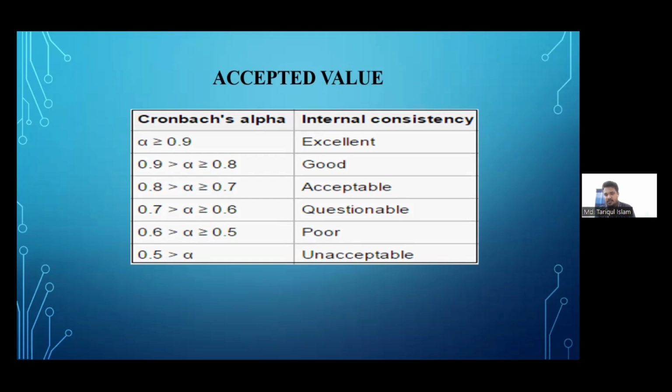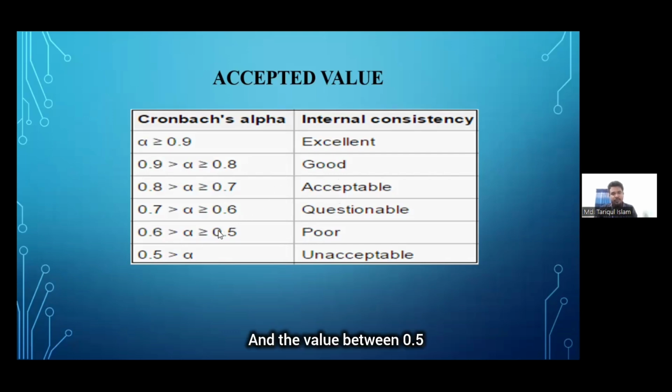In that case, you have to recollect the response from the respondents. You have to collect a few more responses. You can check again. If it is still unacceptable, you can conduct a few more surveys.